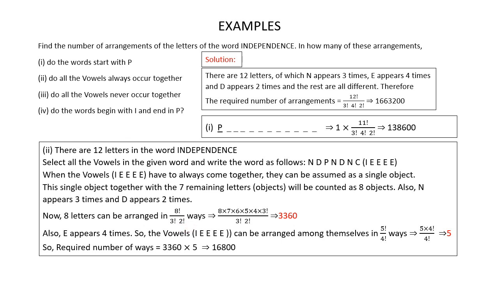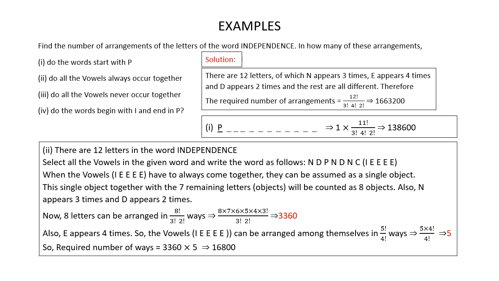Now there's a shortcut method for simplifying this fraction. To do that, first you have to find the highest factorial in the denominator. Here it is 3 factorial. Now you know that 3 factorial is nothing but 3 multiplied by 2 multiplied by 1. Now you can write 8 factorial as 8 multiplied by 7 multiplied by 6 multiplied by 5 multiplied by 4 multiplied by 3 factorial.